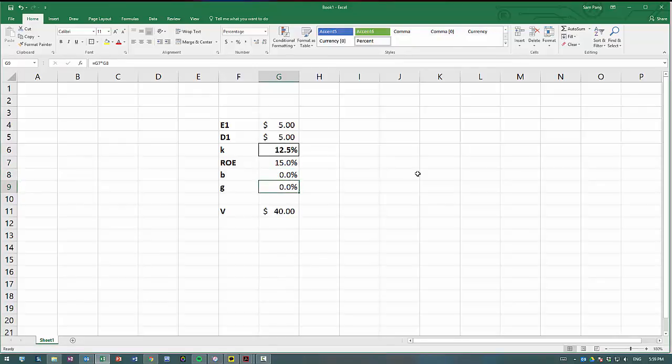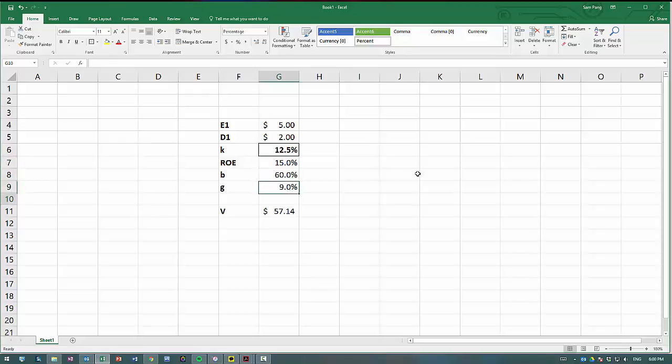relative to just not investing. Now if this company tells you, we have a lot of bright ideas and we can grow the company, and we plan to retain and reinvest 60% of our earnings back into new projects or expansion, that equals a 9% growth rate, because 15% times 60% is 9%.